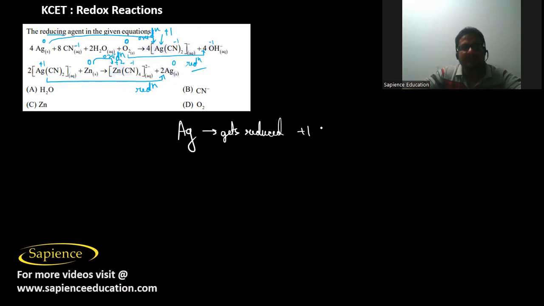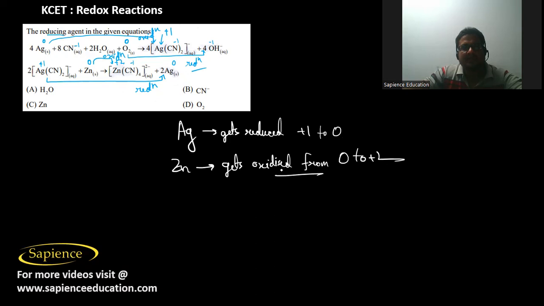Here silver gets reduced from plus 1 to 0, and zinc gets oxidized from 0 to plus 2. So zinc is the reducing agent, since it itself gets oxidized.